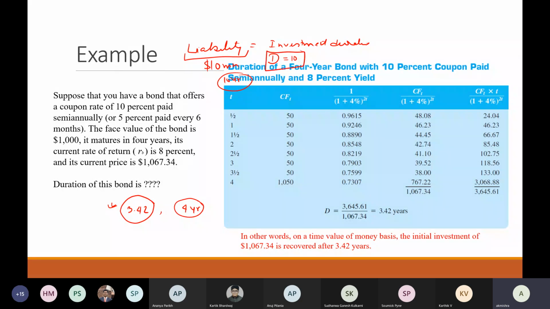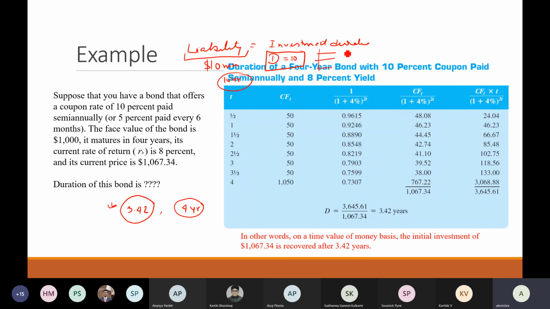Why effective duration? Because the company has a certain liability in the 10th year. So the company effectively knows that whatever investment I'm going to make, or as a manager you are going to take for your company, that should have a duration of 10 years. So you need to select your investment. Let's say you go for a mix.